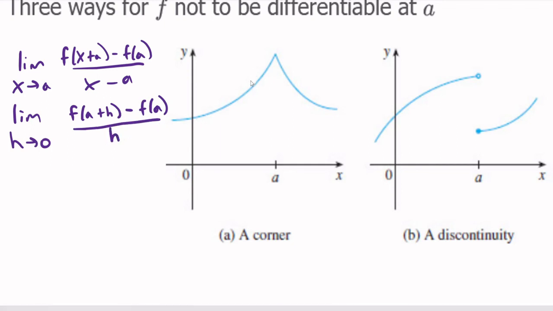So either way is fine. But what we have to remember is, first of all, it's a limit, which means we've got to come from the right and left here. As we're getting closer and closer to a, that's what we're doing in both of these scenarios. What are we doing? Remember, we're just doing that secant line. If I take this value here, over here, I'm calculating the slope of this line.